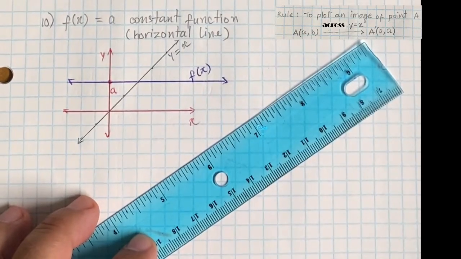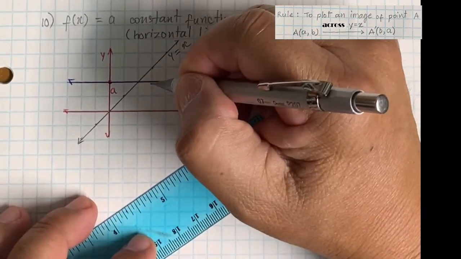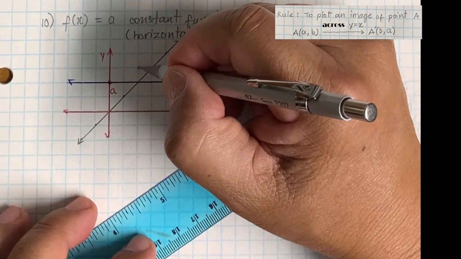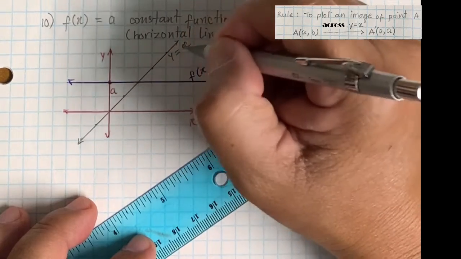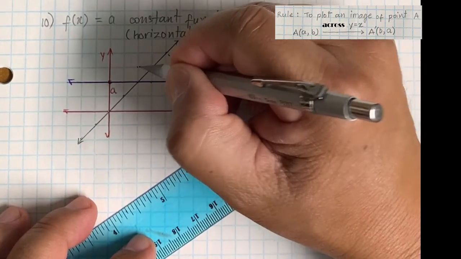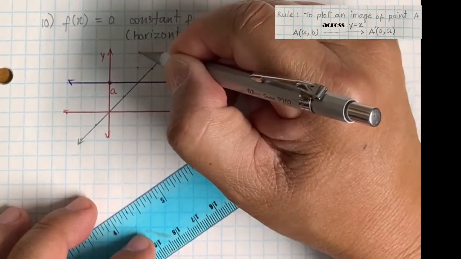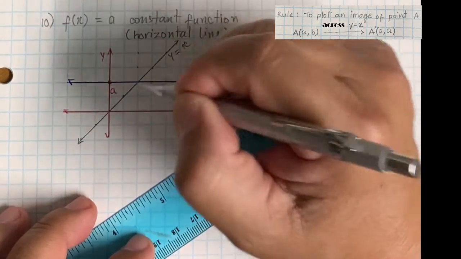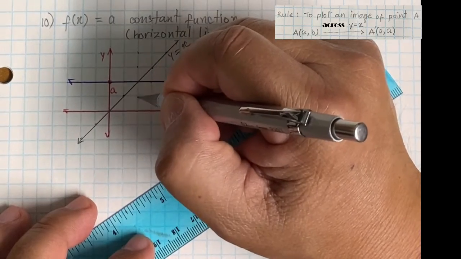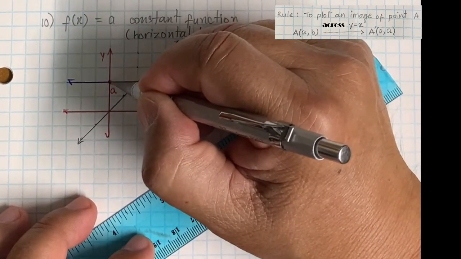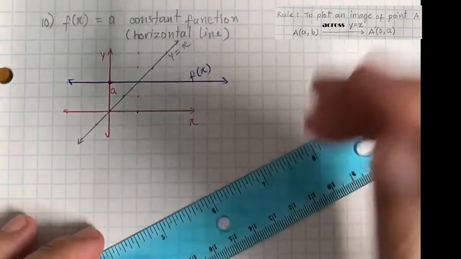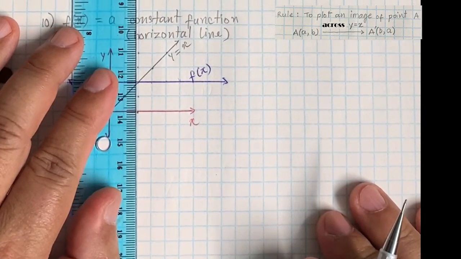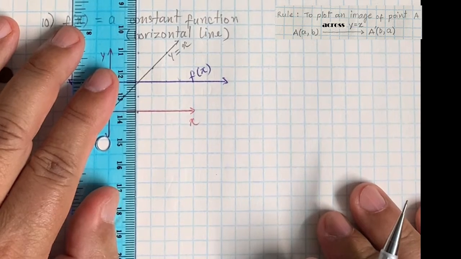Look, if we pick this point and we draw across, perpendicular to y equal x, it's going to be this point. If you pick this point, it's going to be this point. So actually, it is a vertical line.